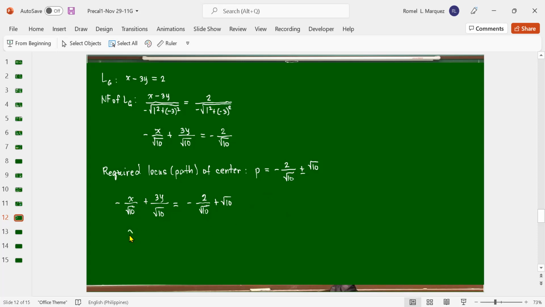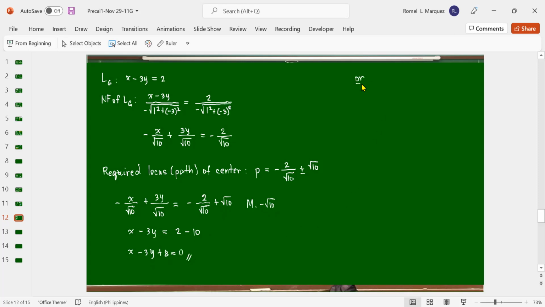If we multiply by negative square root of 10, we have simply x minus 3y equals 2 minus 10. Am I right? So we have x minus 3y plus 8 equals 0. This is the first possible line.